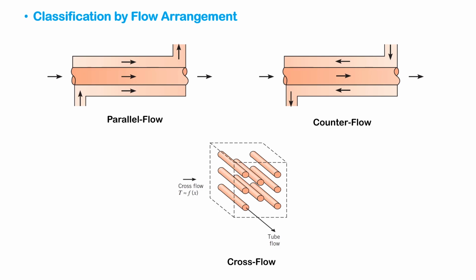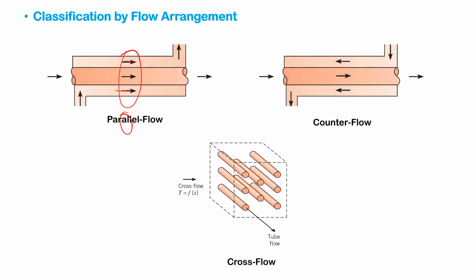So far we have talked about direct transfer heat exchangers. Now we'll talk more about their classification. They can be classified with respect to their flow arrangement. You can have parallel flow, which means both fluids are flowing in the same direction.